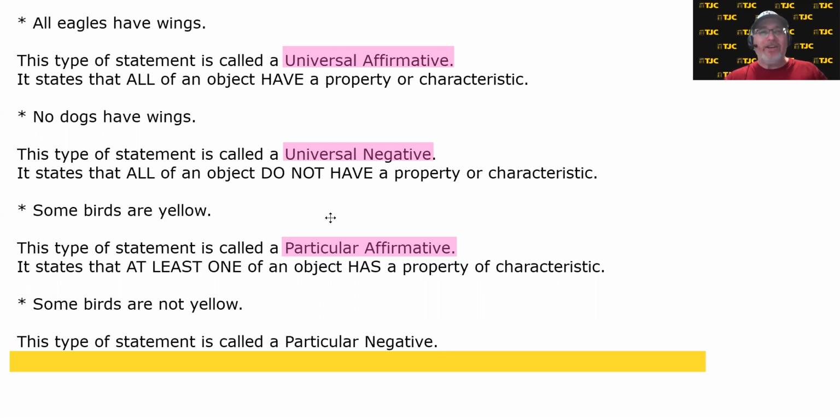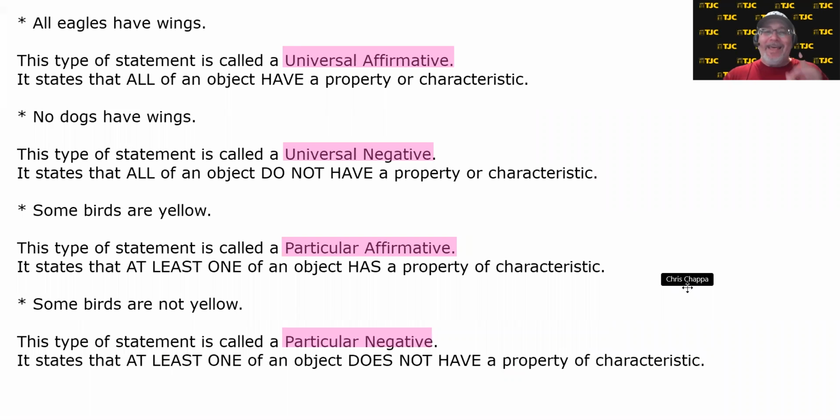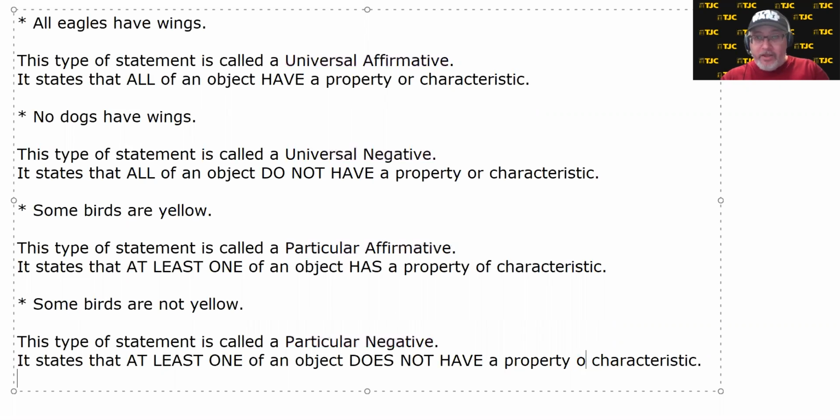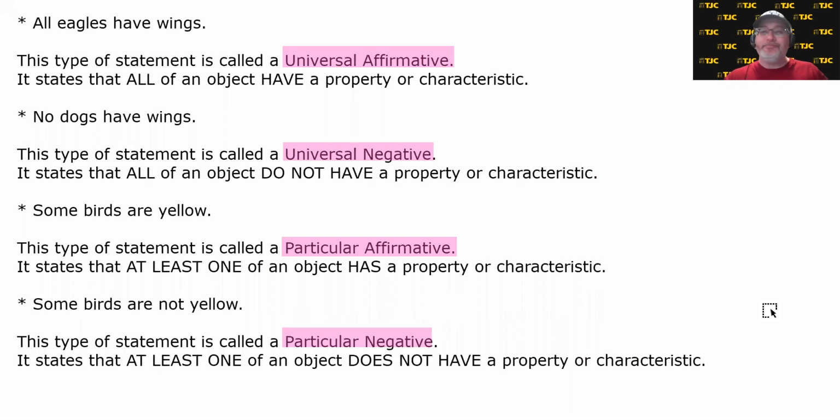So it shouldn't surprise you that this type of statement is called a particular negative because it states that at least one, that's the particular, of an object does not have, that's the negative, a property or characteristic. And of course that should say or, both here and here. Can't let that slide.